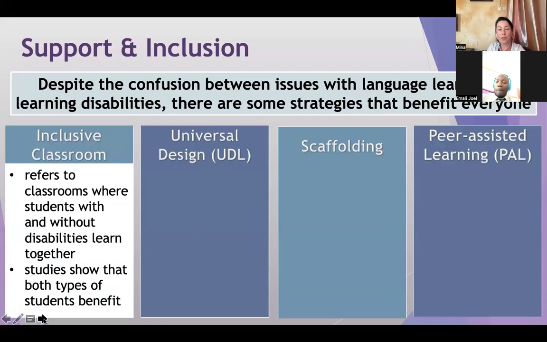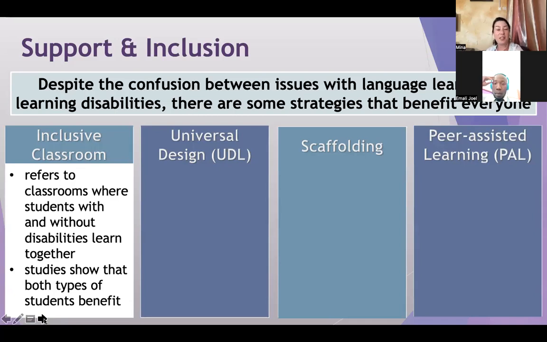So this is a classroom where students with any kind of learning disability and without are learning together, they're working together. And study after study, as also mentioned in Jane's slide, show that both types of students benefit from this situation. And so no harm is done in this kind of classroom. If it is done right, it is beneficial.